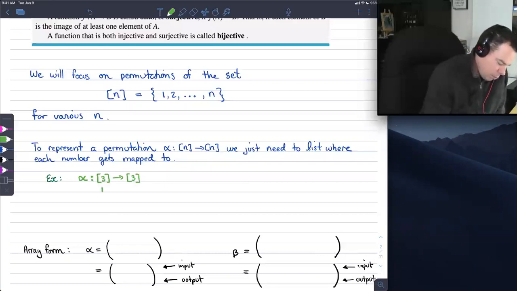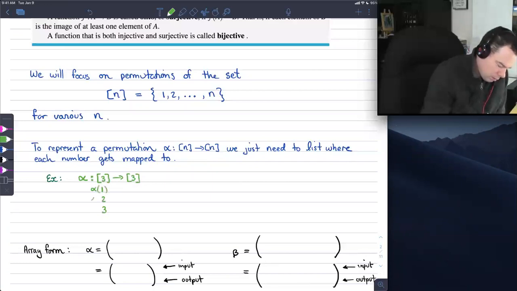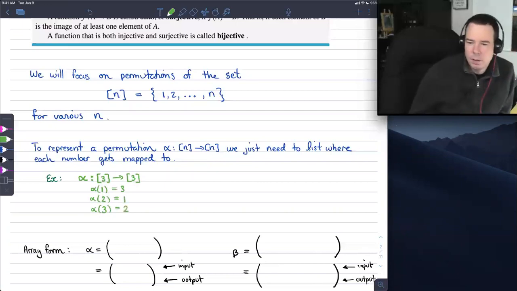Well, the inputs are 1, 2, and 3. So those are our possible inputs into our function. So I just need to list what the corresponding outputs are. And so this is how we can define our function. Alpha 1 goes to 3, alpha 2 goes to 1, and alpha 3 goes to 2.